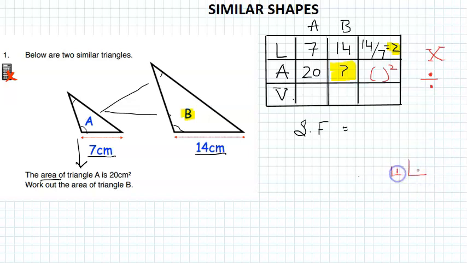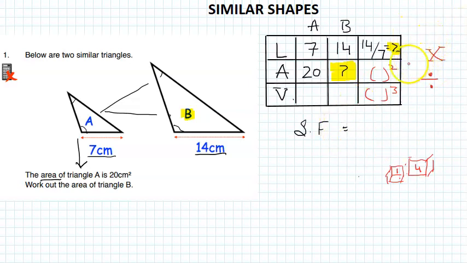So if this area is 1, this area is 4: 1 multiply 1, 2 multiply 2. So here it is going to be the square of it. And if it is a three-dimensional shape, then it is going to be 8. When the volume is there, you have to do the cube.